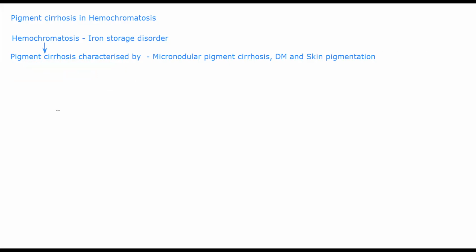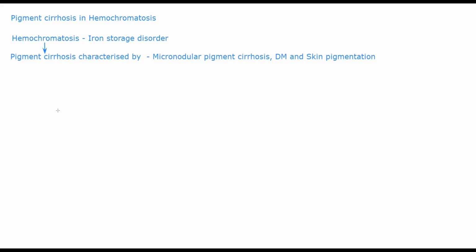Now coming to causes. Normally, whenever iron is taken into your body, either by food or by drugs or whatever it is, the total amount of iron present in a person's body is around 3 to 4 grams. It is maintained in such a way that the amount of losses equals the amount absorbed, in the sense that your intestine regulates this.